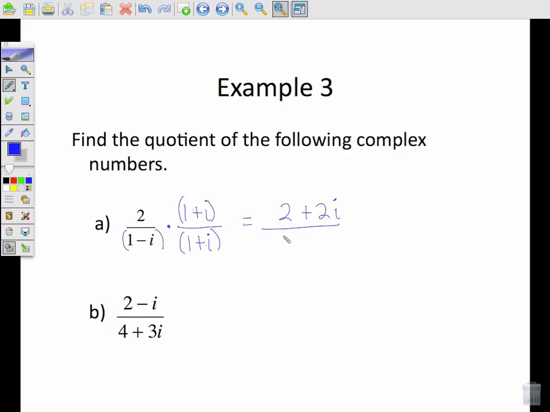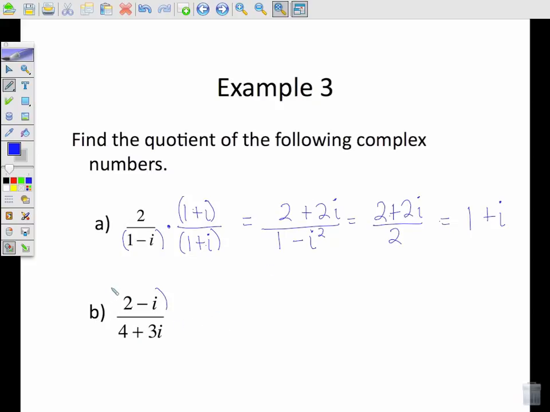On top, when I distribute, I get 2 plus 2i. On bottom, I get 1, the middle terms cancel because they're conjugates, minus i squared. So this is 2 plus 2i over 1 minus negative 1, or 1 plus 1, 2, and then you can divide and get 1 plus i. That is our simplified answer.